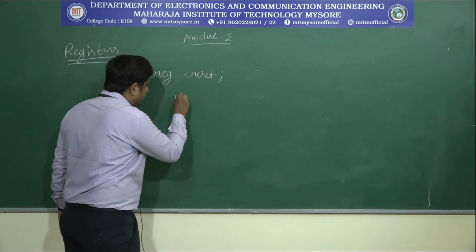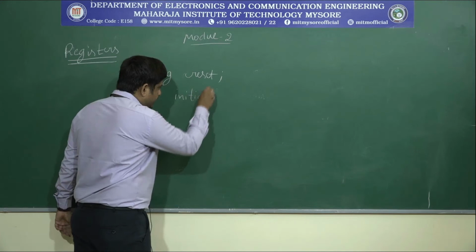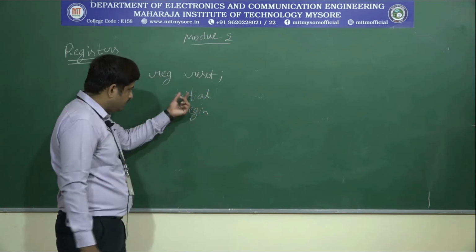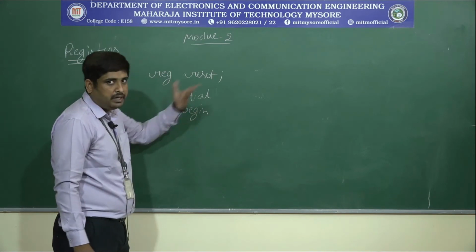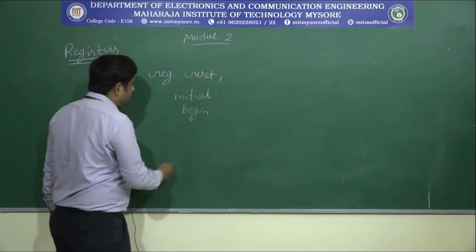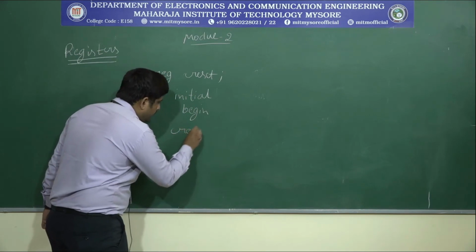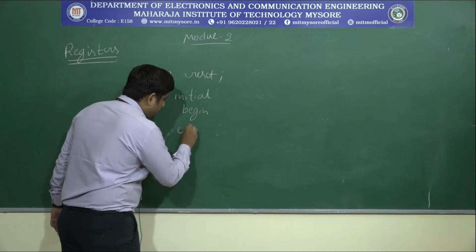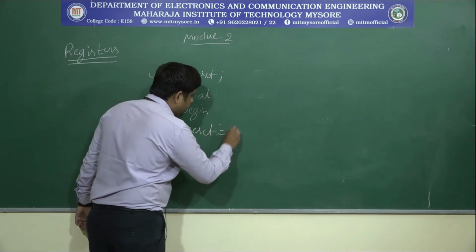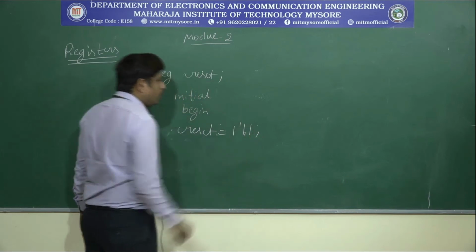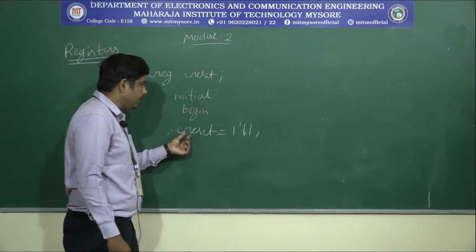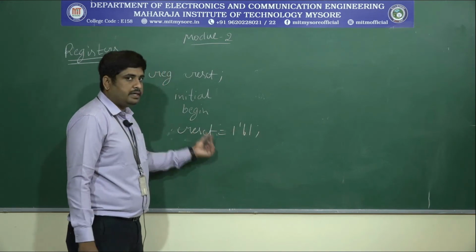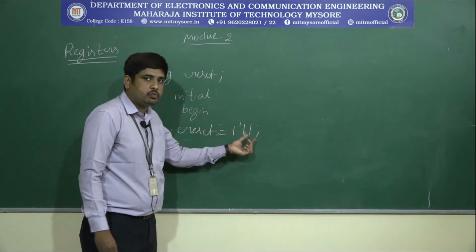In Verilog HDL we write initial, then we use the keyword begin. We will discuss initial and begin in detail in later classes. Initial begin, then reset is equal to 1'b1. So it indicates the value of reset is 1, that is the initial condition. Initially the reset value is 1.